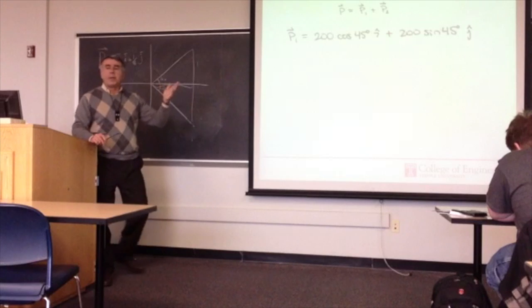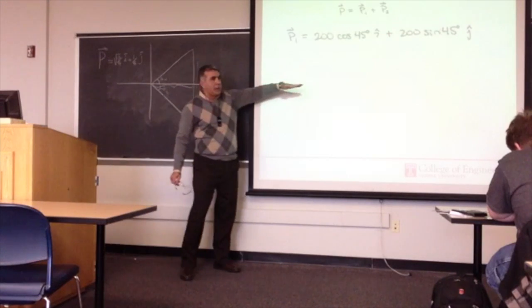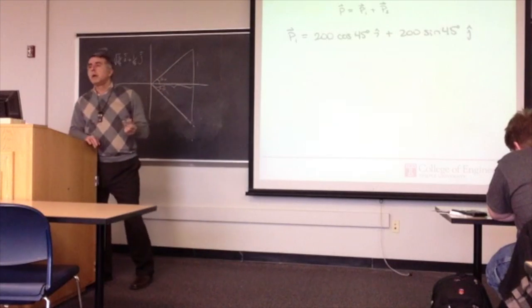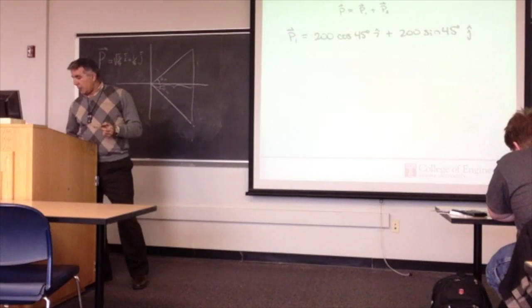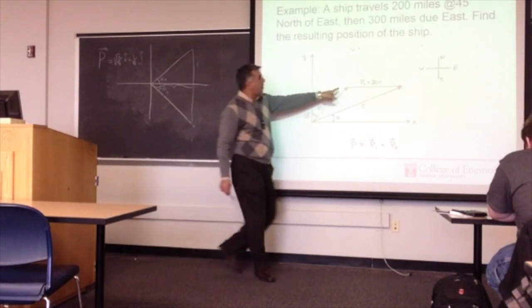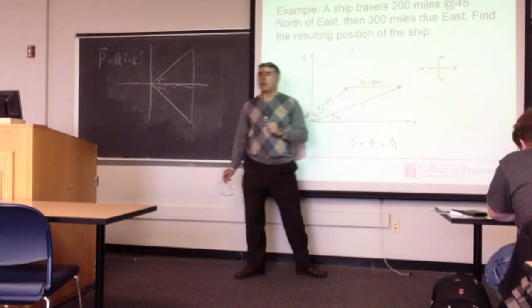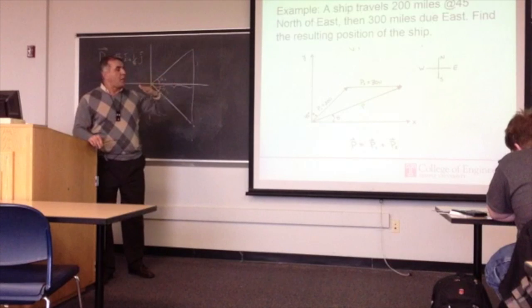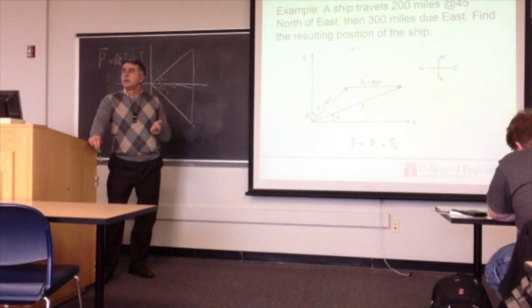What about P2? P2 is going in the east. Does it have any Y component? Let's go back here. P2. We want to describe P2 in I and J. What is the X component or I component of P2? 300.